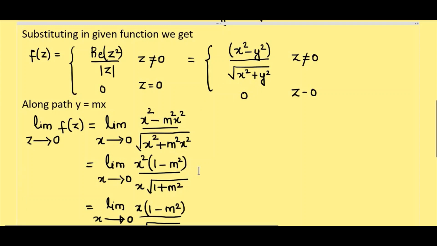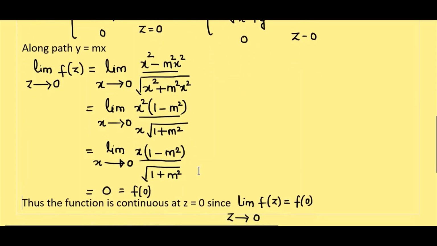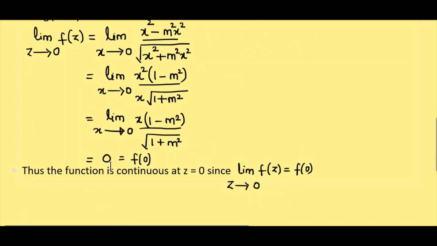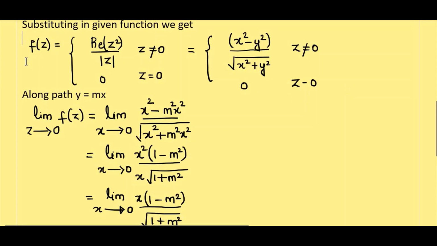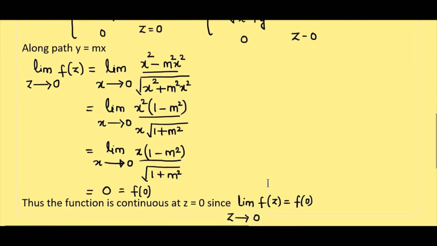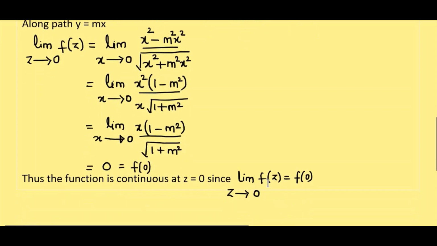After substituting you get this equation, and take the common terms and simplify further, and then apply the limit. You will get 0, which is nothing but f of 0. You can see here in this definition, f of z is 0 when z is 0. So therefore f of 0 is 0, and thus we can conclude that the function is continuous at z equal to 0, because this limit is unique for all the paths y equal to mx.